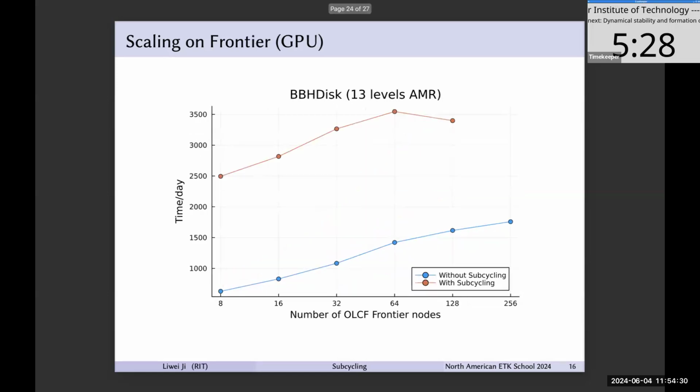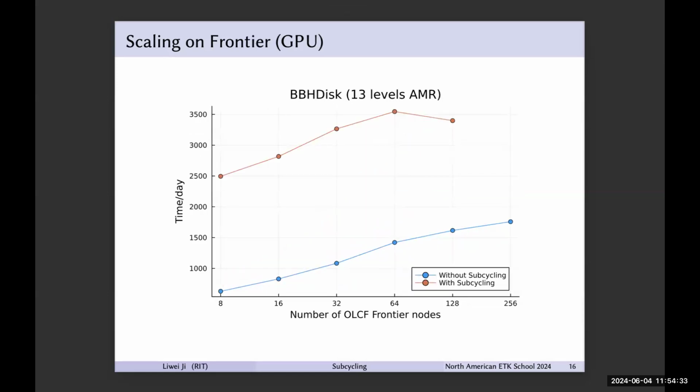30 seconds, please conclude. Okay, so we also did a scaling test on the GPU machine Frontier. For this case, instead of 9 levels, we tried a specific number of levels. Here the x-axis is the number of nodes, and the y-axis is the speed.